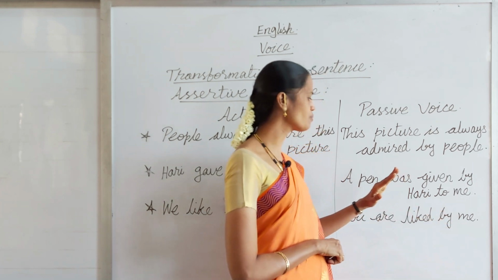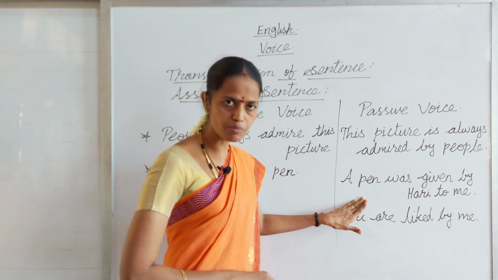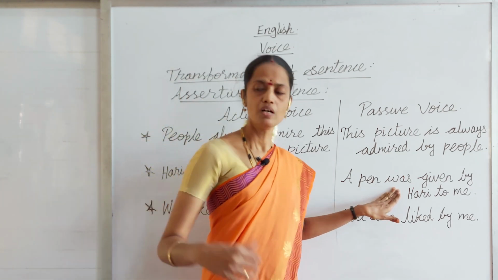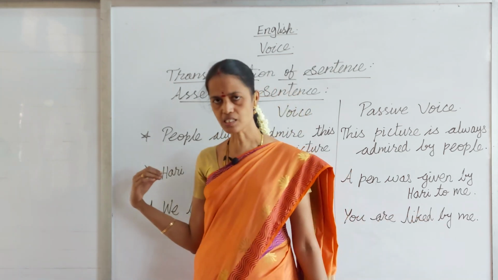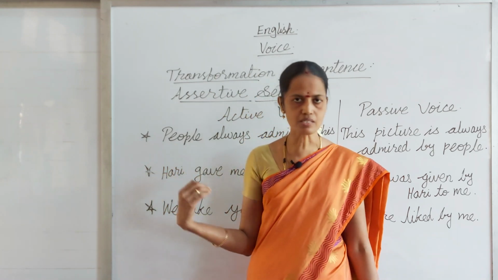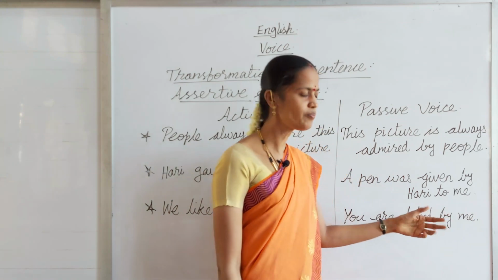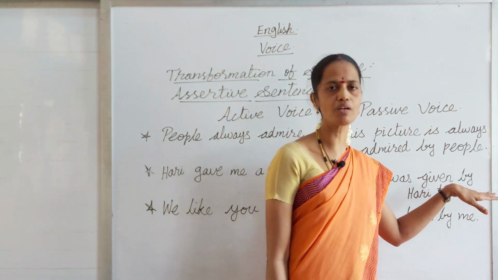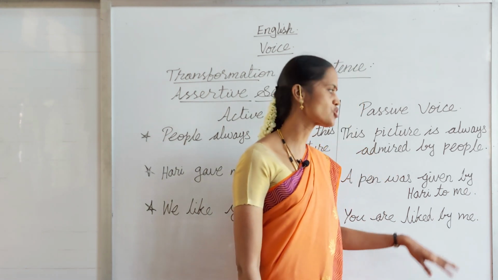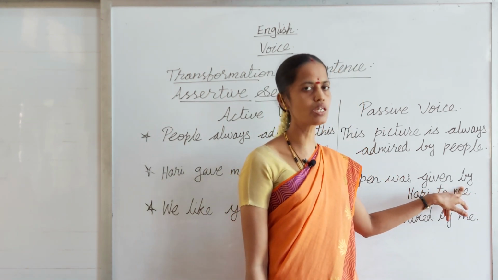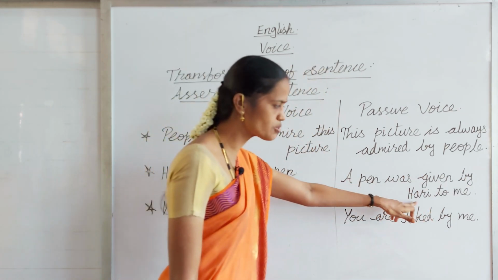Once again, I brought the object of the active voice to the place of the subject. Then I introduced the be form "was" because in active voice the verb is in past tense. Then V3 of give, "given," is introduced. Then as per our rule, while changing active into passive voice, we introduce the preposition "by," and bring the subject "Hari" to the place of the object.